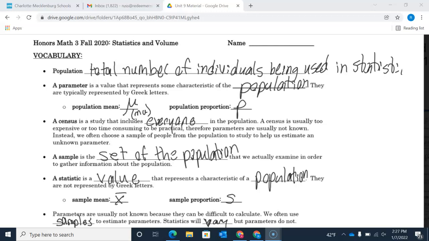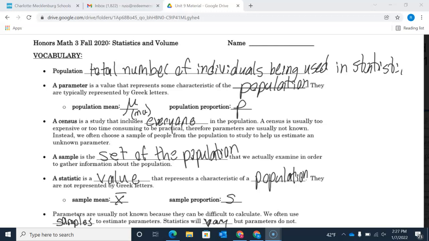Or with COVID, like what percent of people wearing masks or not wearing masks are affected by it, how deeply, how bad are symptoms if they have got the vaccine or not got the vaccine, things like that, would be statistical analysis.